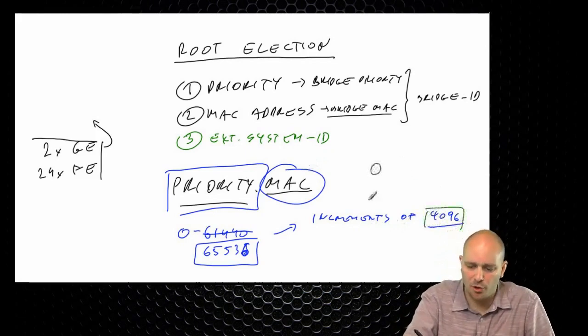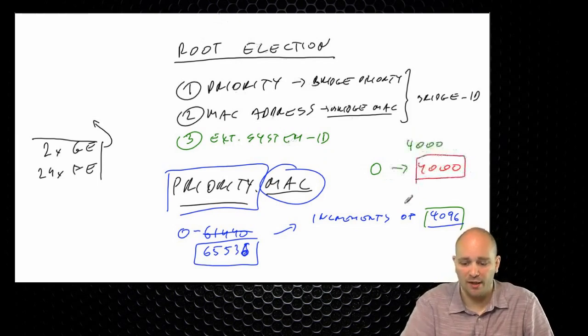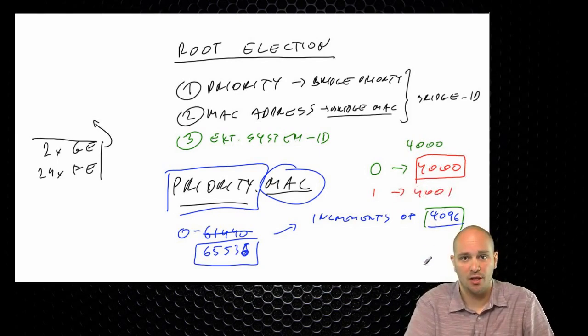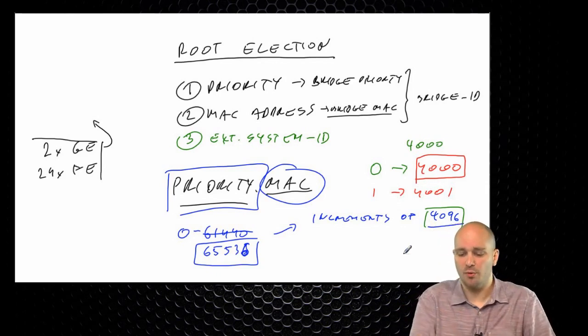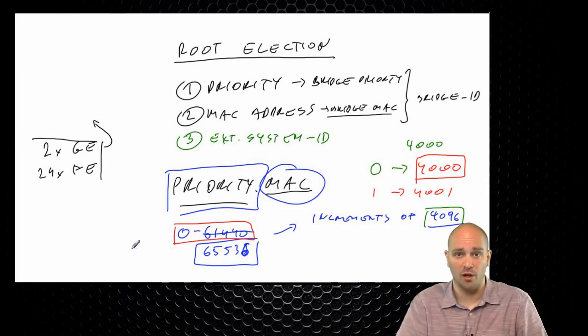So when we set priority 0 for VLAN 4000, for example, what we are actually setting is the priority 4000 that will be calculated. If we do the same thing for VLAN 1, we are actually going to be setting priority 4001, and so on and so on. You get the idea there, I hope. So this is the reason why we cannot set the priority to any value we like.